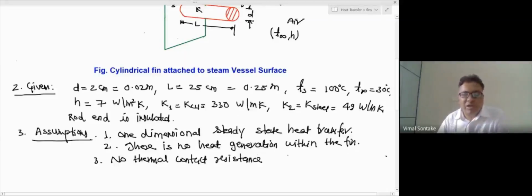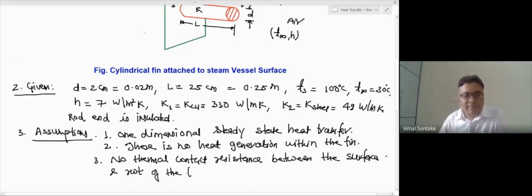No thermal contact resistance between the surface and root of the fin, that is at x equal to 0. This is nothing but x equal to 0.